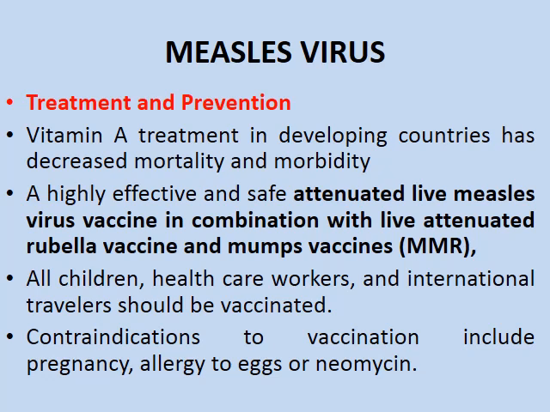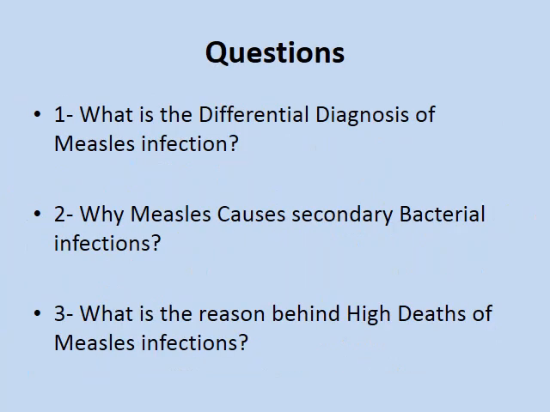As we told you in the mumps lecture, it is a live attenuated measles virus vaccine combined with other vaccines, rubella and mumps. All children should be vaccinated. Contraindications include pregnancy and allergy to egg or neomycin, because it is added in culture.